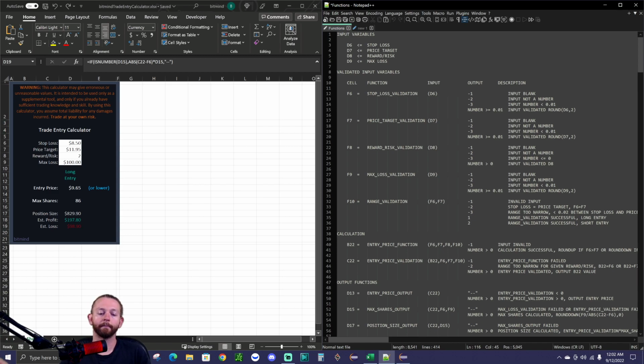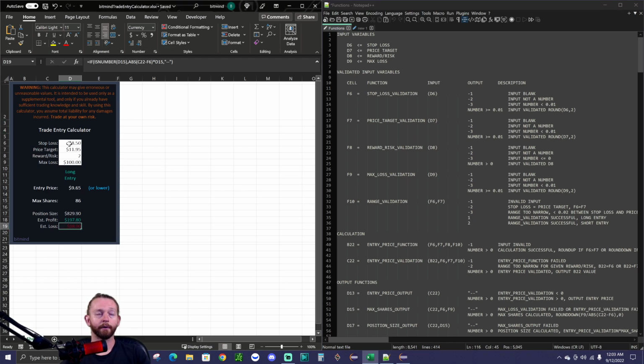So I would just guess intuitively where I think it would be, and I would keep adjusting it until I got to a place where my loss and my reward were at the ratio that I wanted them to be. That still takes time. This is much quicker. So this is what I use now. Actually, I use my Java version that's not quite complete yet, but complete enough for me to use it and know what I'm doing with it. But before I made that, this is what I used.